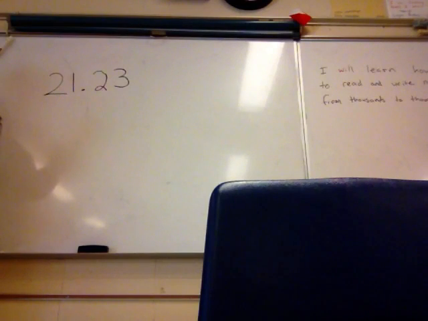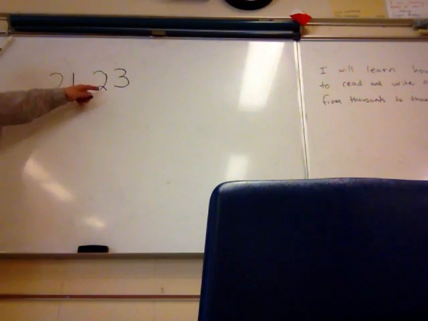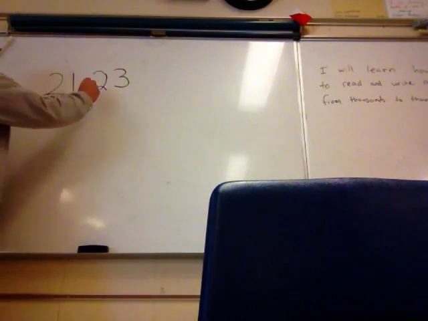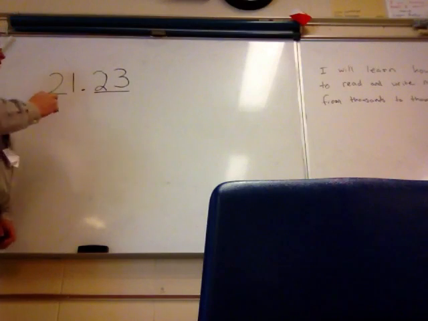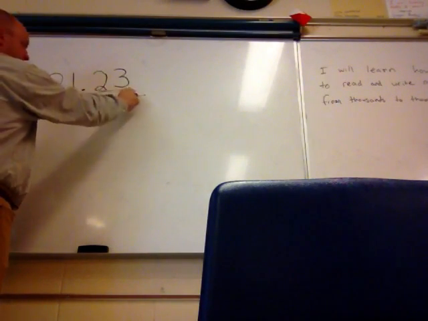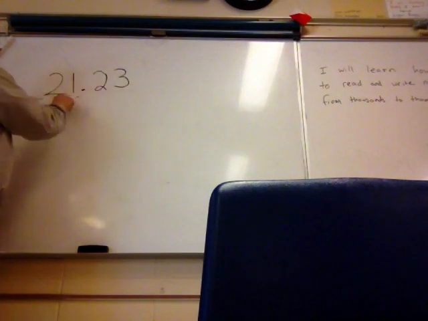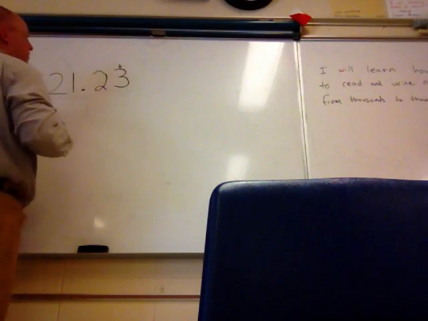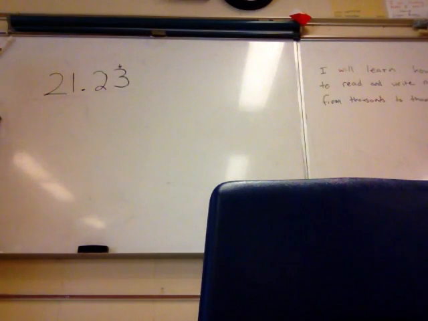It's not thousandths because... Let's say it again. 21 and 23 hundredths. So you read that number together just like you read this. You didn't say 2-1, you said 21. That's 23, but it's hundredths because that's what place our smallest digit is in. It's in the hundredths place.